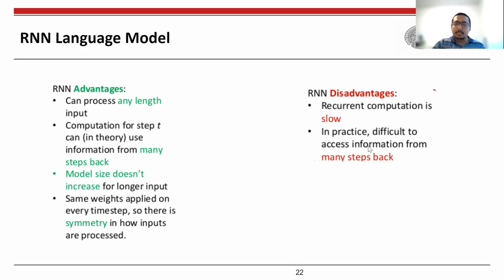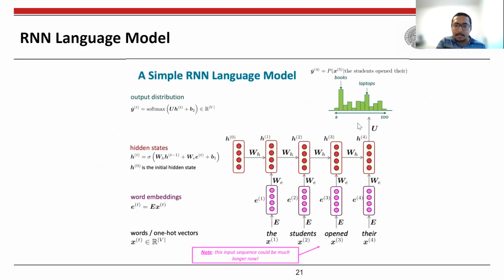And theoretically it can process a sequence of any length, but what we have seen is that it does forget after some point. As an example here, if you go on adding more of the sequence, at this particular point it will only remember, let's say, 3 or 4 tokens before this token, and it will forget everything before that.